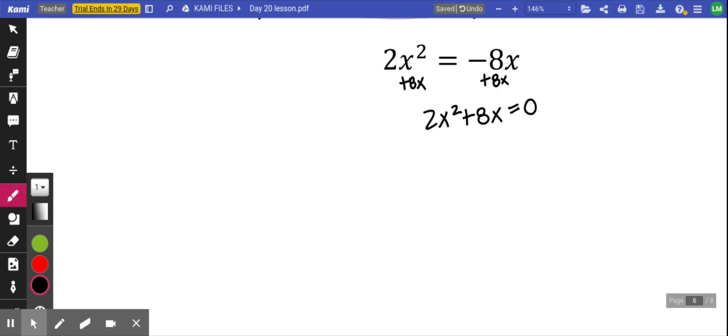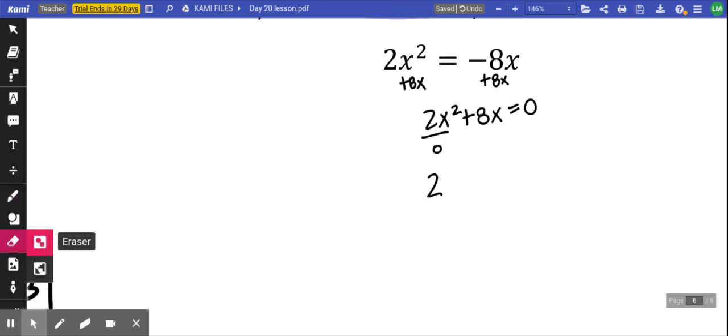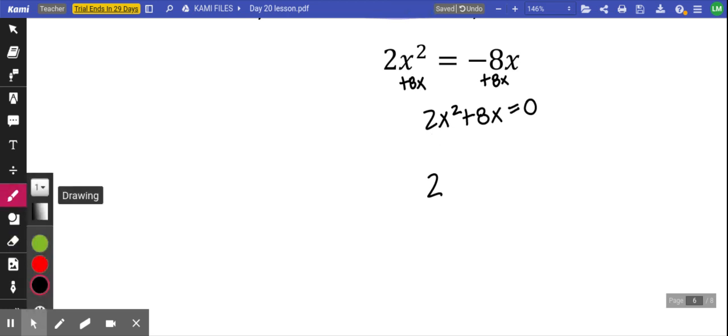All right, I'm pulling out a GCF between 2 and 8. My greatest common factor that I can pull out is a 2. Don't say 8 because 2 goes into 8, but I can't pull out an 8 from 2, okay? So it has to be smaller than both of those numbers. All right, I have 2 x's and an x. The most number of x's I can pull out is an x.